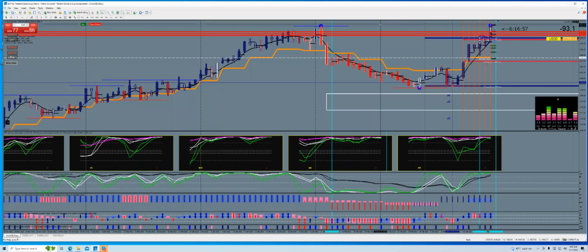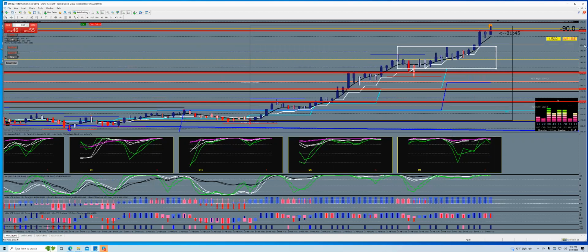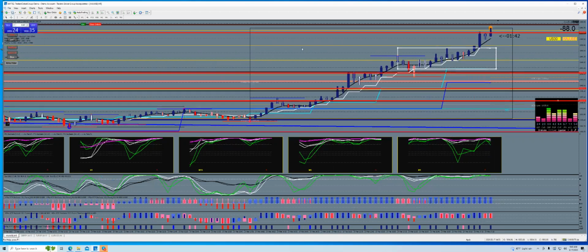It's right there. So sometimes they come straight down, sometimes they go up a bit and then come down. So now it makes more sense. Where are we at now? That would have been a good target.